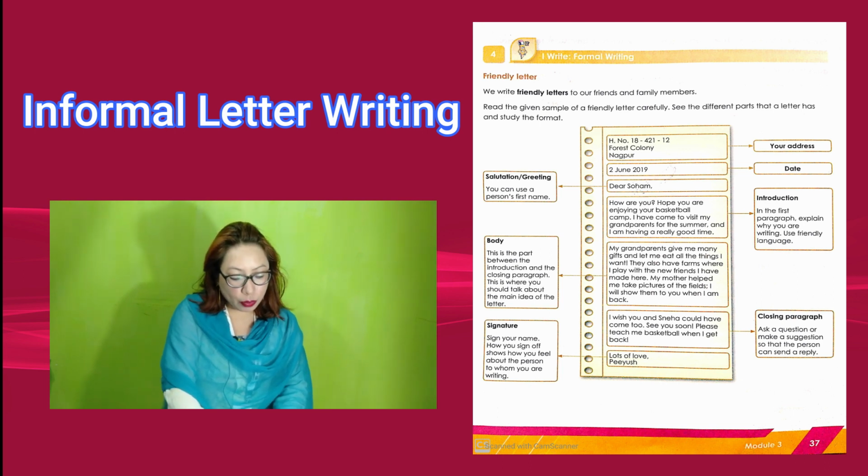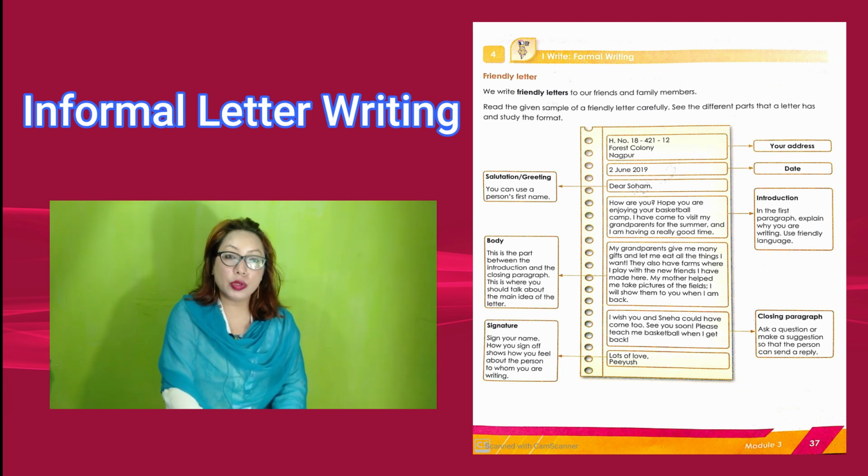Okay, so here what has been written? Lots of love, Piyush. So you have seen lots of love. After lots of love there is a comma given there, and the name of the particular sender is there, that is Piyush. We come to know the sender is Piyush. So this is the format of a friendly letter writing.